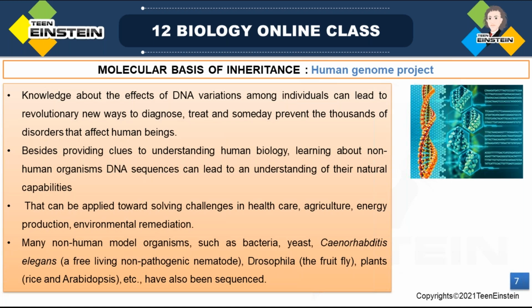All this information can be considered as the basic set of instructions for all development and function of human beings. We can make out which gene is working and for what purpose. That was the main output of this Human Genome Project.